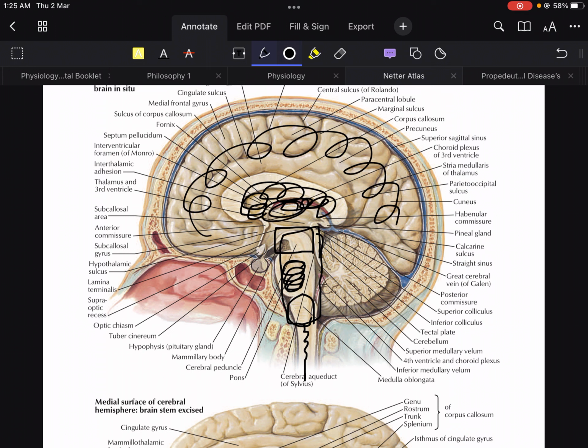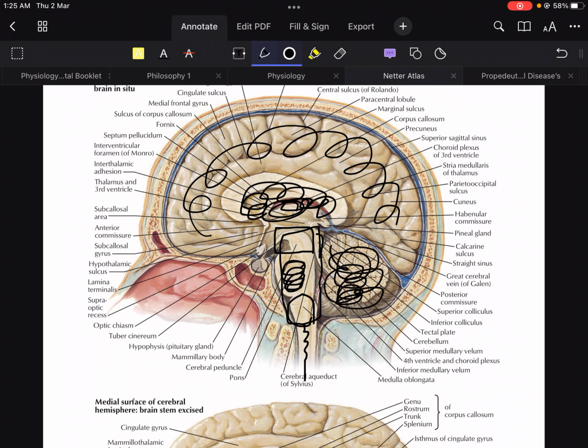Okay, that's about the different parts in our brain: prosencephalon, diencephalon, mesencephalon, and rhombencephalon. In the posterior part of the brainstem, mostly behind the pons and medulla oblongata, we have another structure which is the cerebellum.